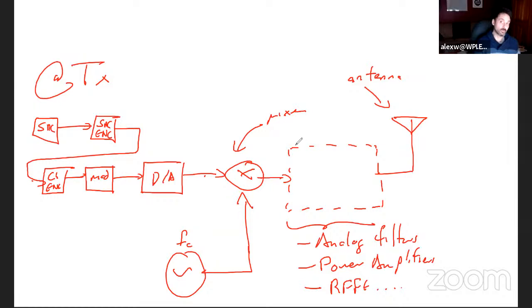Perhaps you also want to filter out any sort of harmonics. Perhaps you want to amplify your signal. Imagine it's at a specific power level, but you want to crank it up. So I'm going to take a stab at this.